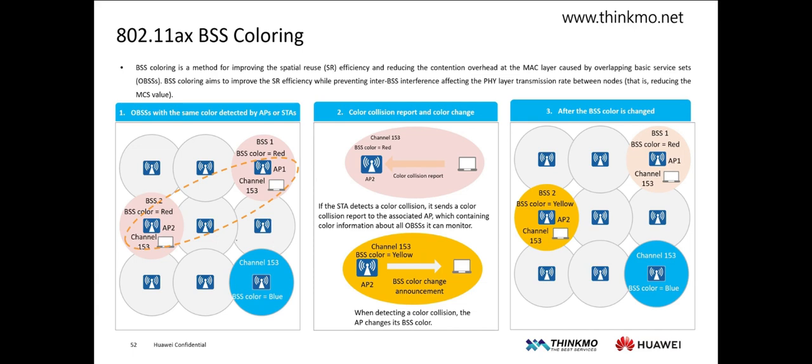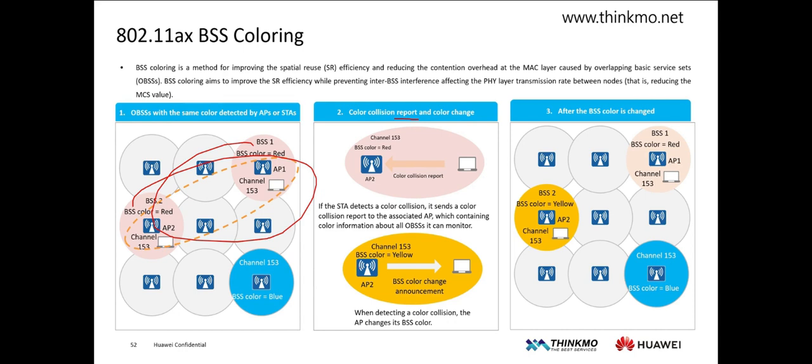First, BSS detection: the AP and terminal detect the use of the same color on the same channel. Second, conflict reporting. If the terminal detects a signal conflict with another AP, it will send a color conflict report to the AP.